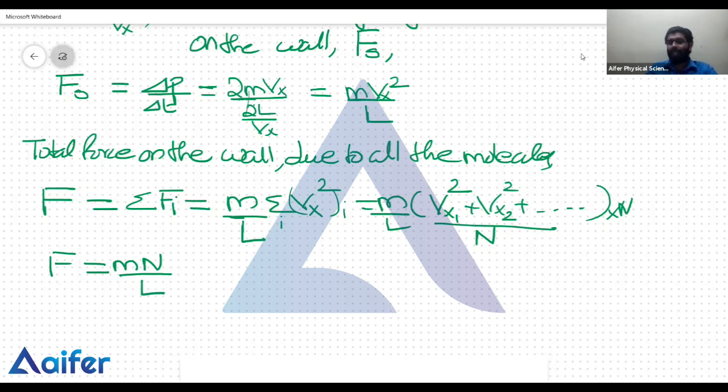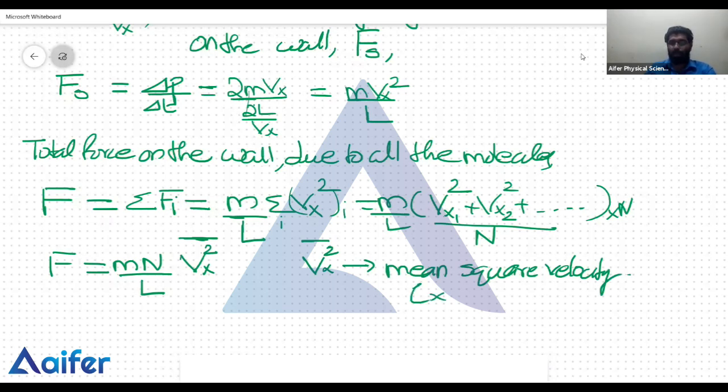So I can say the mean square velocity, the x component of the mean square velocity. So I could write it as Vx square mean, which is nothing but the mean square velocity, x component only.